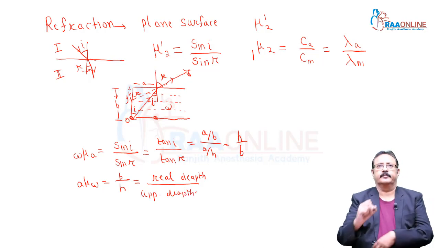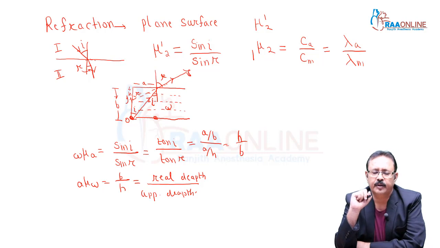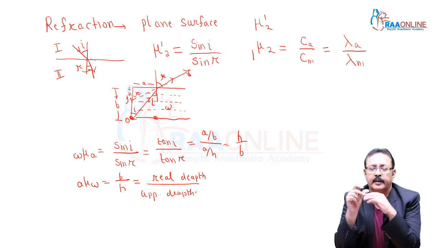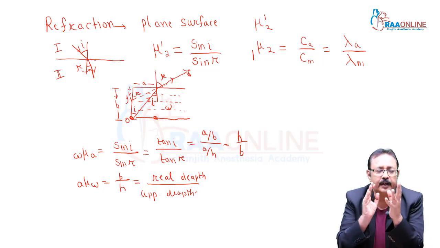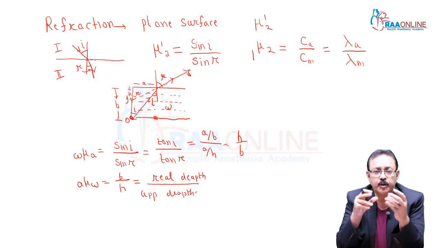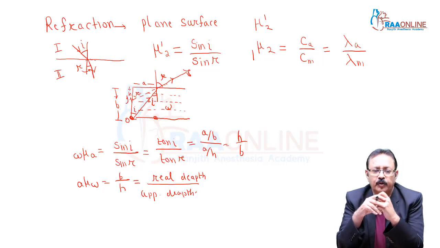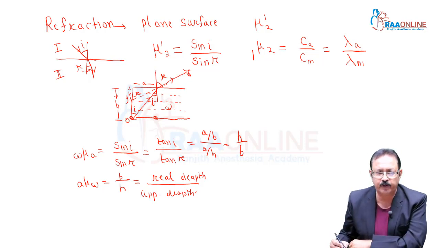So in this way, you can find, if I am seeing that the depth is about 3 meter, what should be the correct value if I know the refractive index? So you can solve this type of numerical.